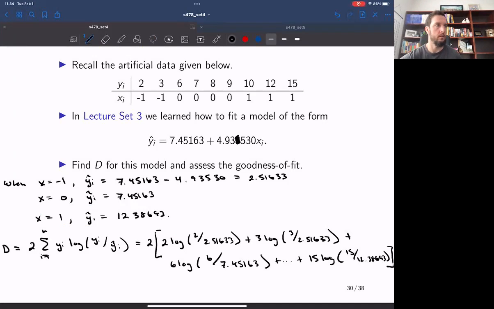Just make sure I did that correctly. Okay, so that should give us 2 times 0.94735, which is equal to 1.8947.